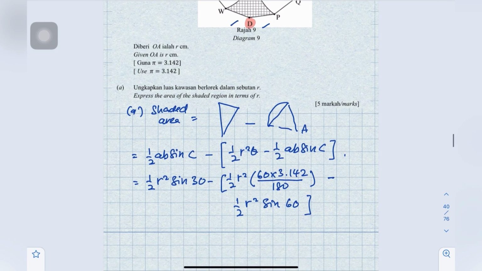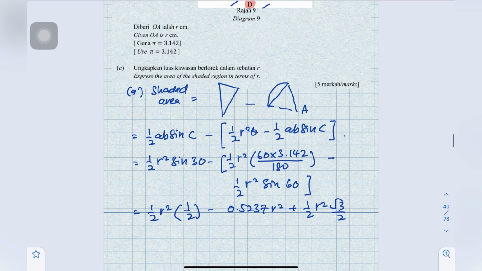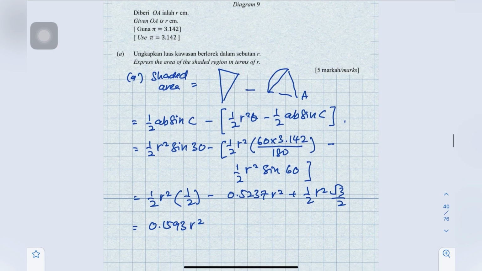Then we calculate: 1/2 r squared sin 30 is 1/2, minus this one is 0.5237 r squared, plus 1/2 r squared sin 60 is root 3 over 2. Okay, so we get 0.1593 r squared. This one is for one part.